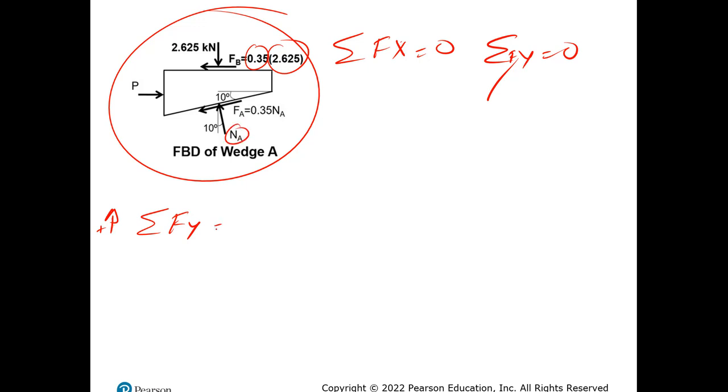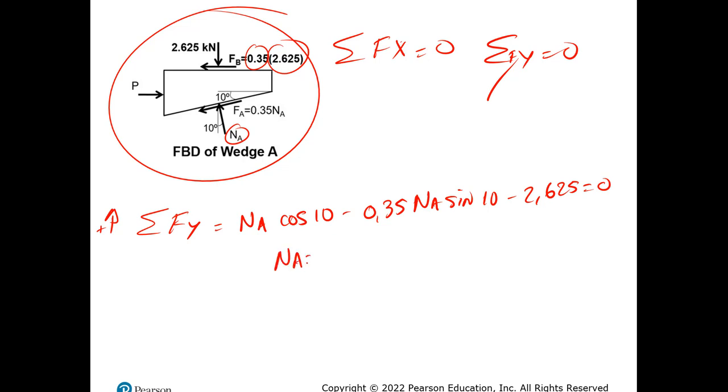So if I do that, this will be equal to NA cosine of 10 minus 0.35 NA sine of 10 minus 2.625, and that is equal to 0. And NA then will be 2.841 kilonewtons.